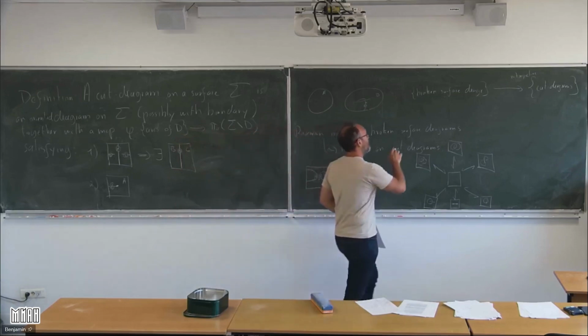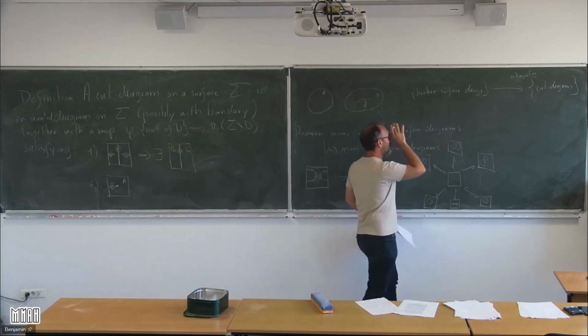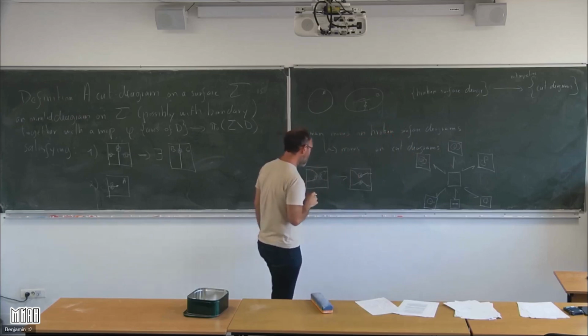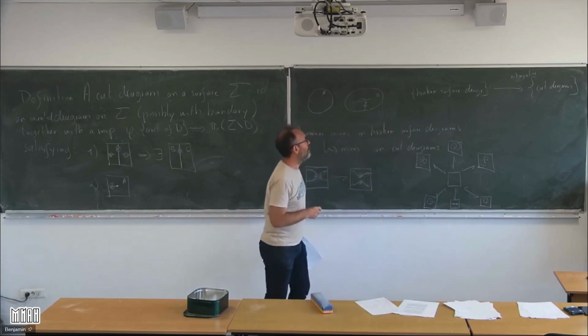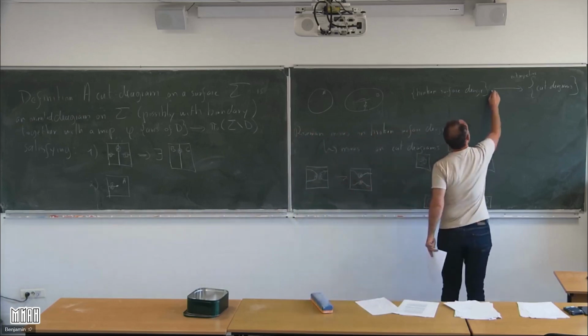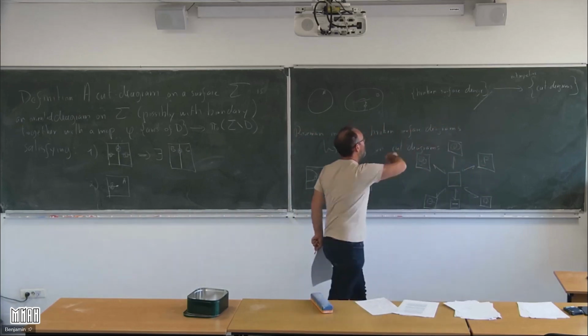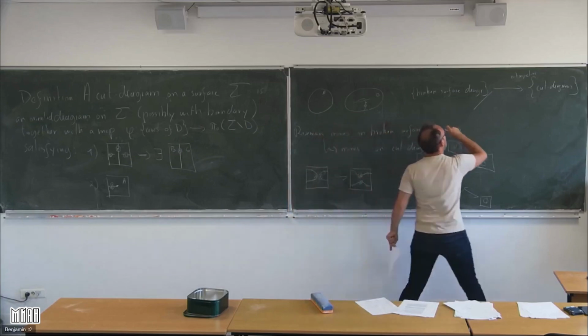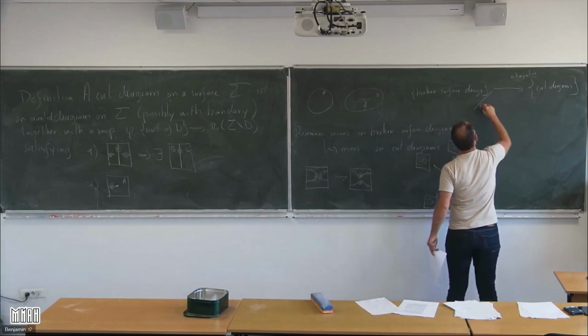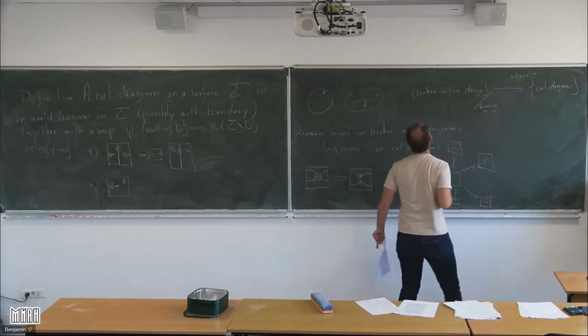Every Roseman move just corresponds to a combination of these moves. So it means that this map from broken surface diagrams to cut diagrams leads to a map to the quotient by Roseman moves.